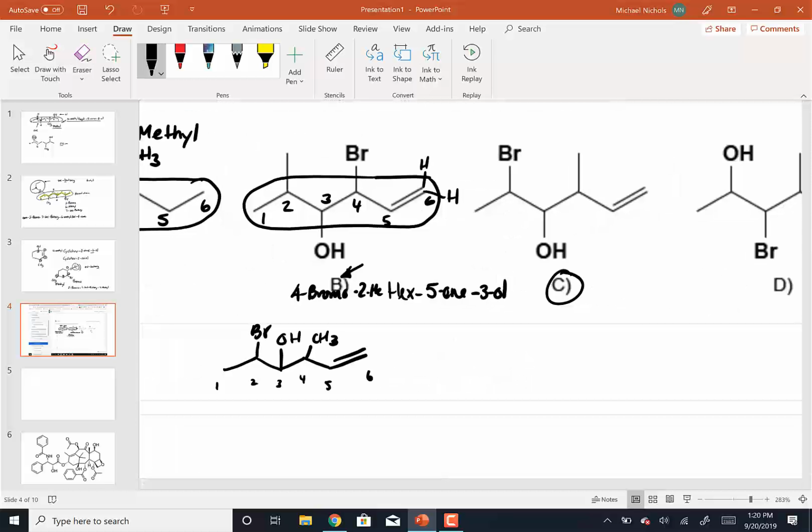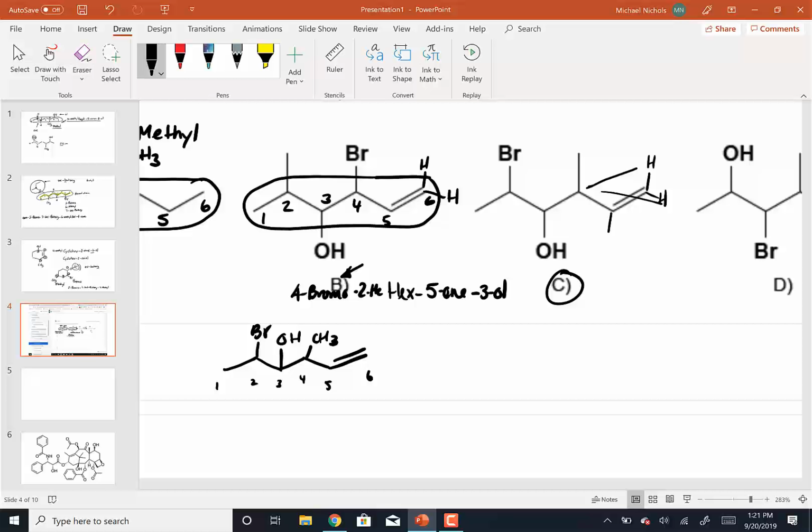For C, whatever its name is, which was the one that they gave before, again, you have a hydrogen and a hydrogen there, so it does not need cis or trans or E or Z. Because whatever this big group is over here, it's cis to a hydrogen and it's trans to a hydrogen.